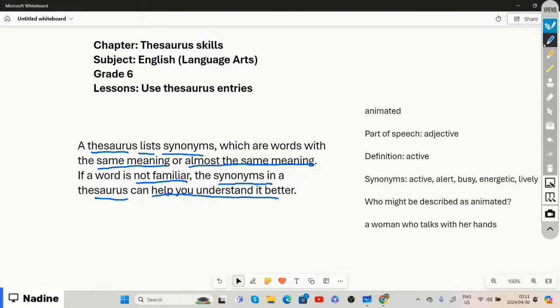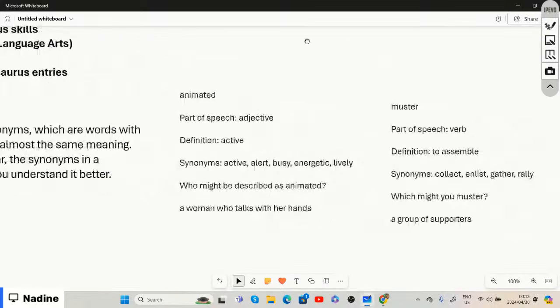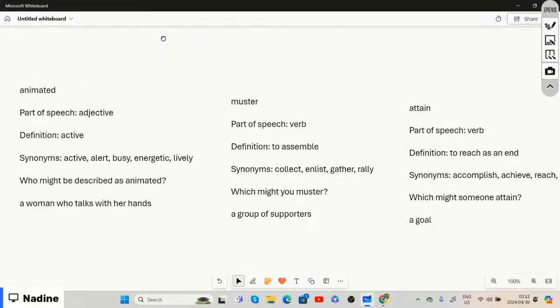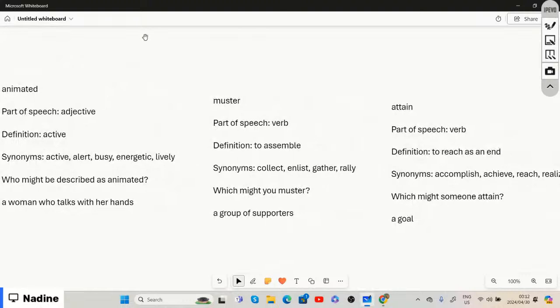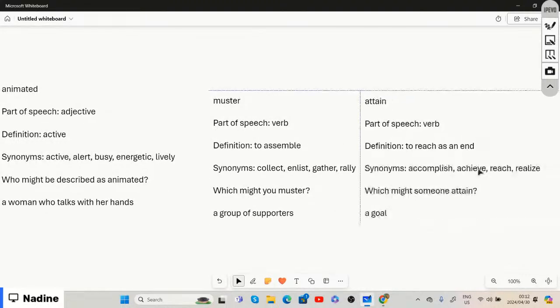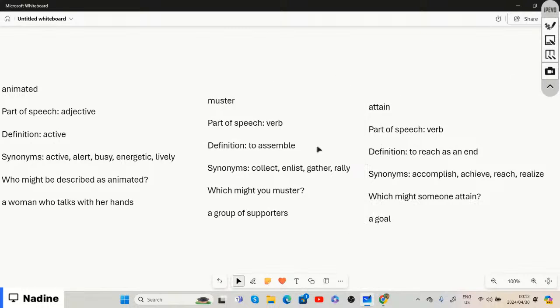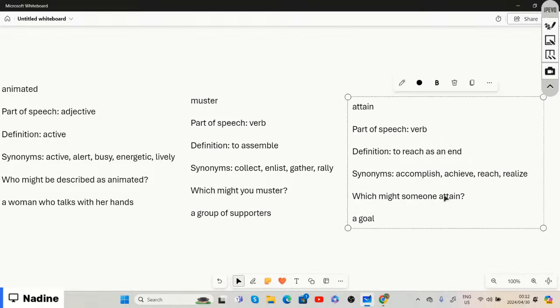So if we look at this word, here we have animated. We have the word animated, and the part of speech of animated means that it is an adjective.